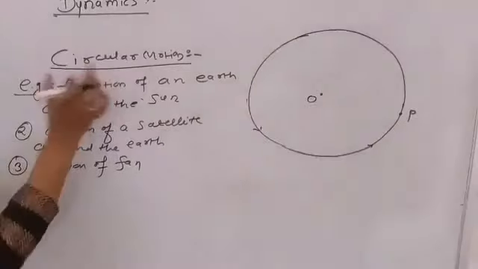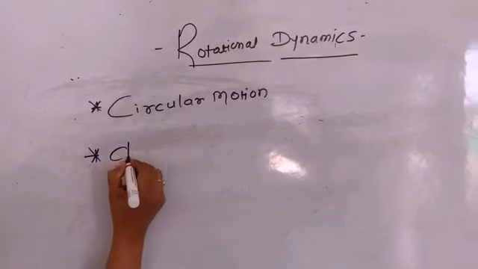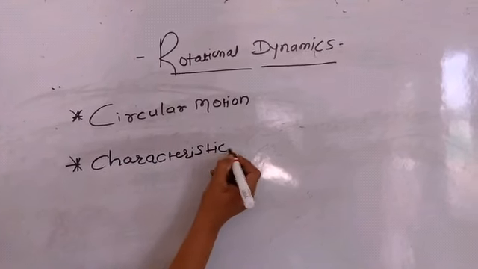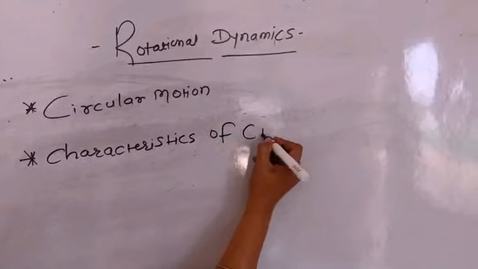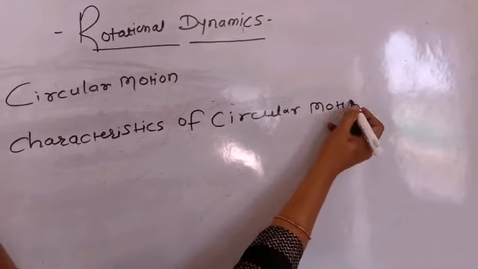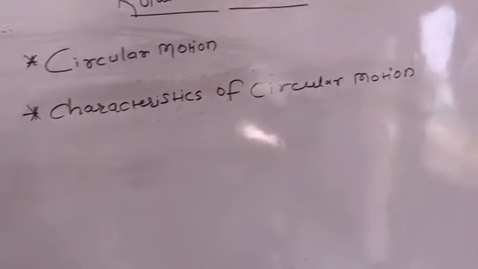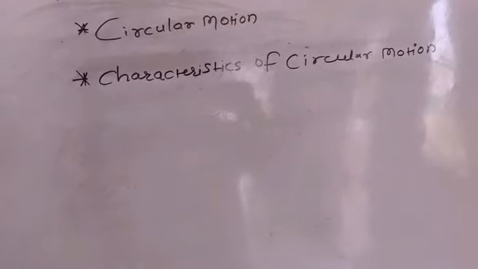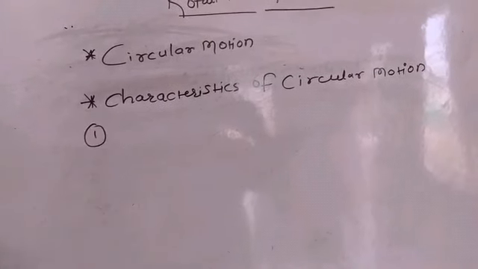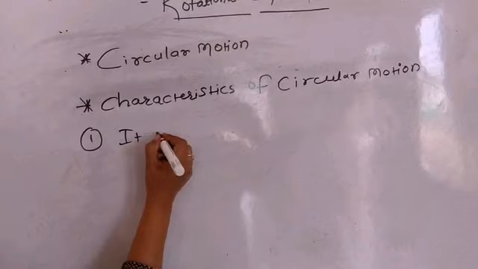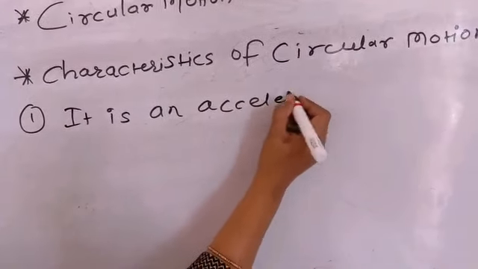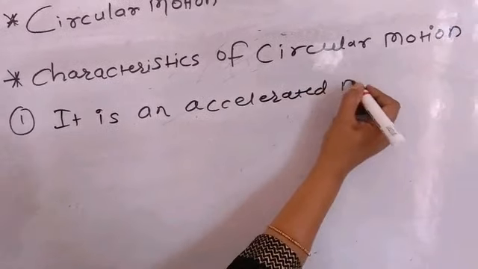Now, these are the characteristics of circular motion. There are mainly two characteristics of circular motion. The first one is that it is an accelerated motion.